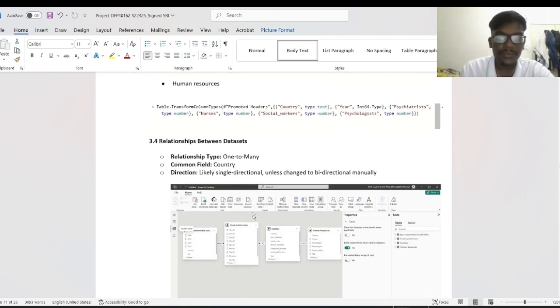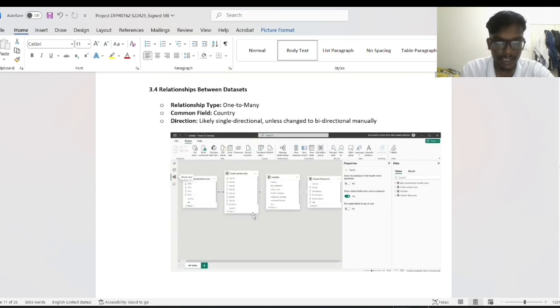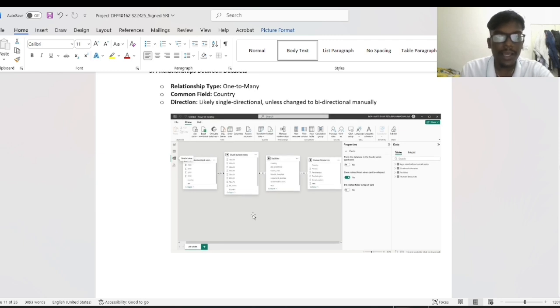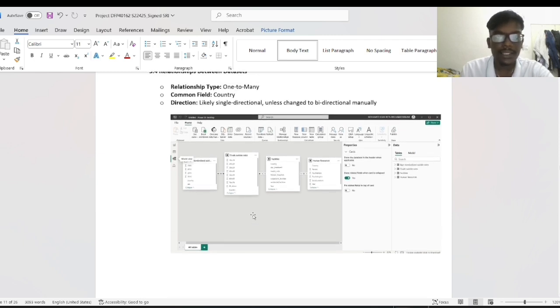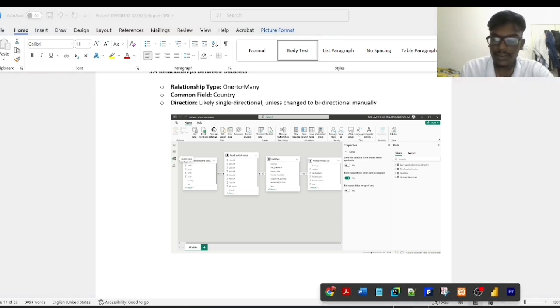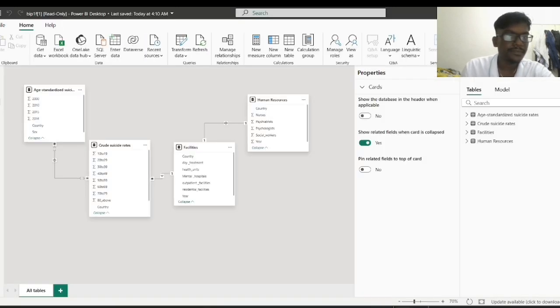For the relationship between data sets, the relationship type is one to many, and the common field is country, and direction is likely single directional, unless changed to bi-directional manually. So this is the relationship.